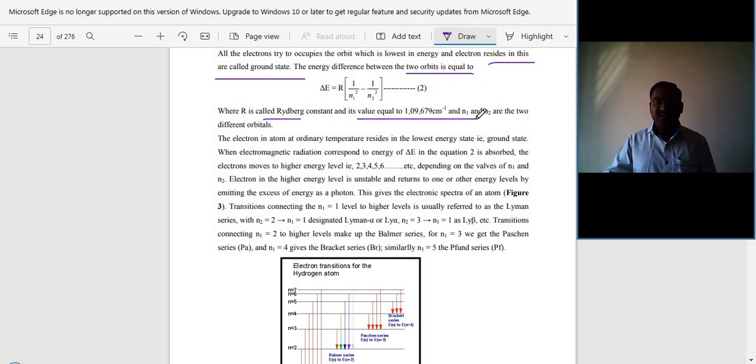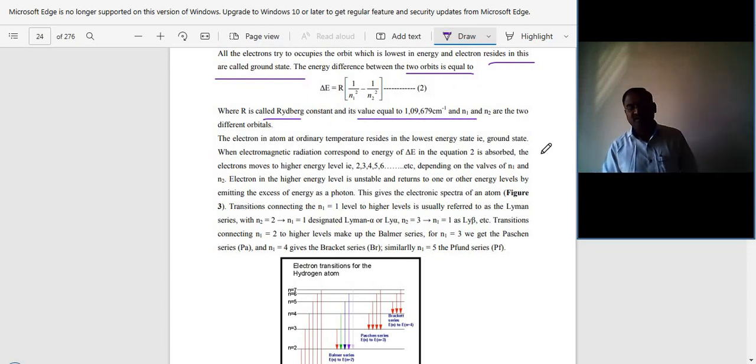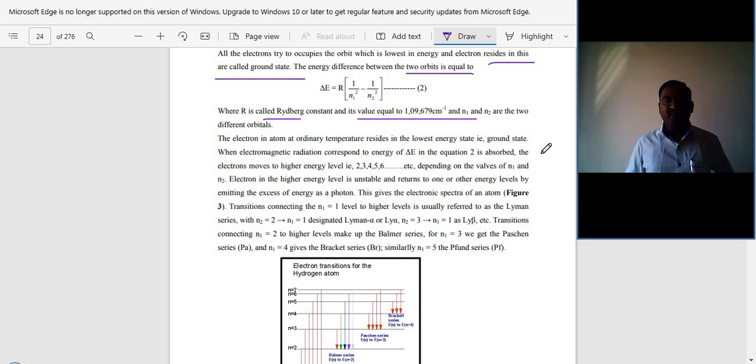Its value is 109678 per centimeter, and n1 and n2 are the two different orbitals, where n1 is the lower energy orbital and n2 is the higher energy orbital.